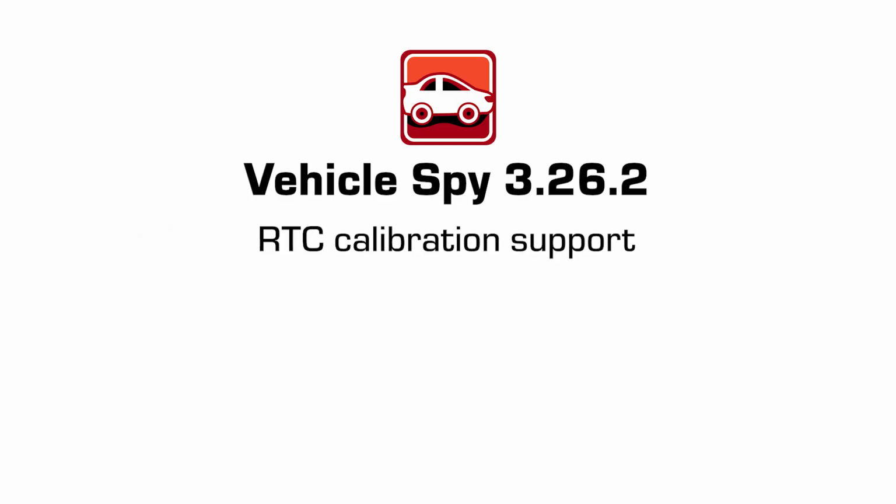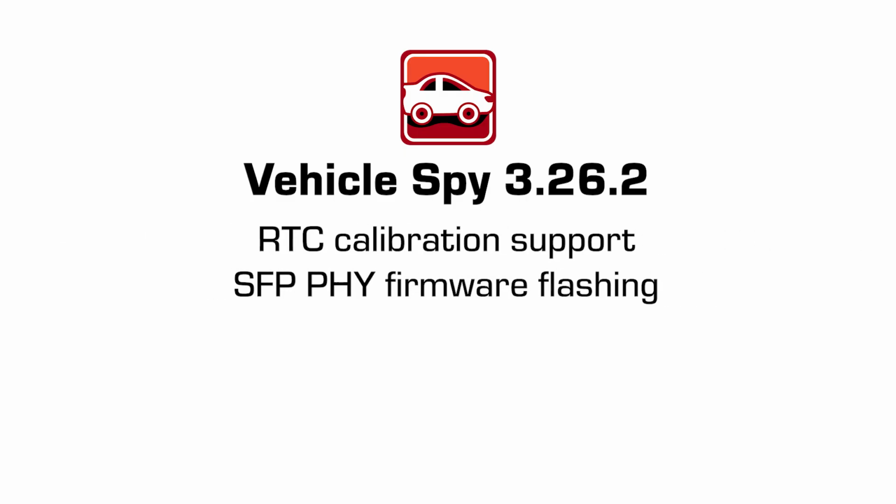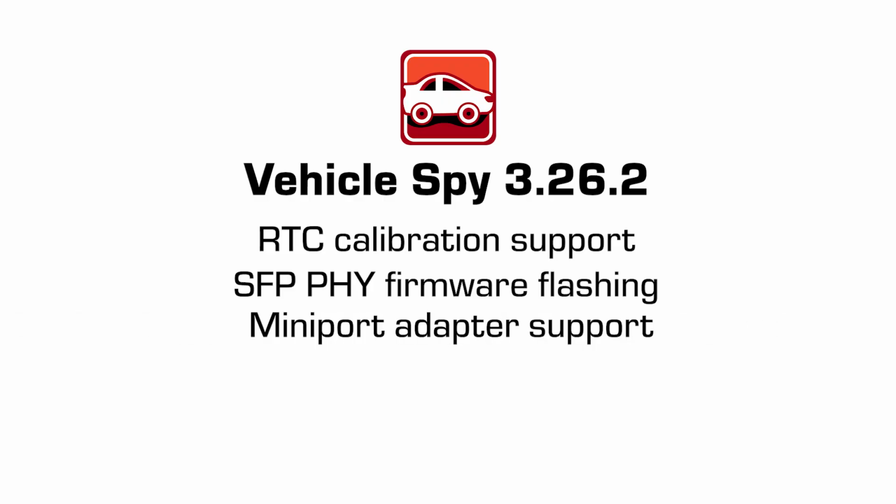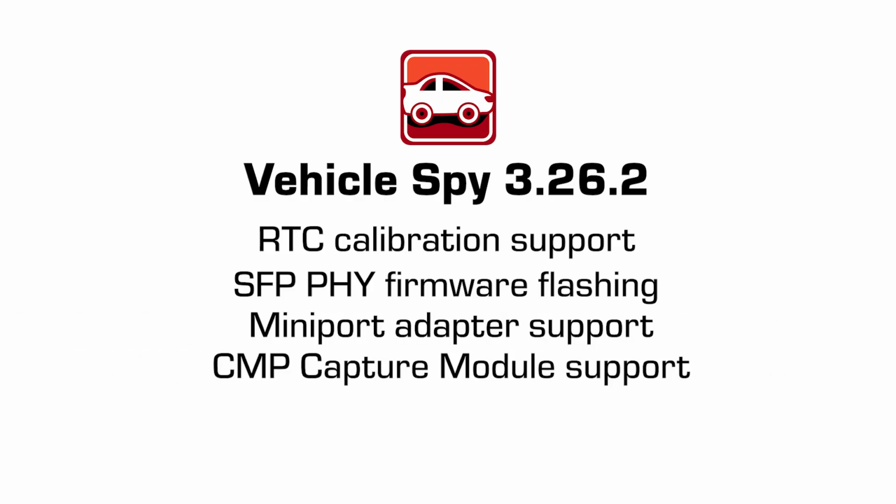With this release, Vehicle Spy adds important updates for RAD Gigastar 2, including RTC calibration support, SFP PHY Firmware Flashing, mini port adapter support, CMP capture module support, and more.